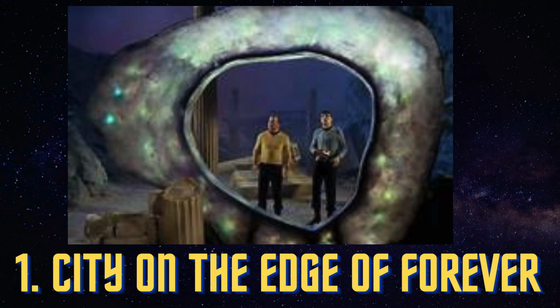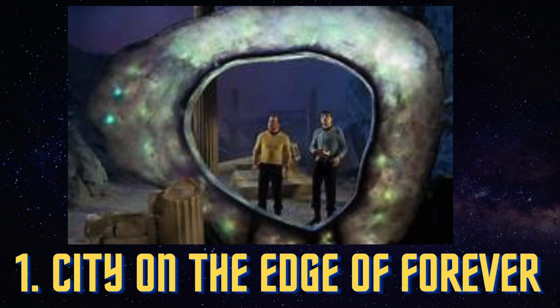But what makes this number one is the same thing that made this the number one romance and relationship in Star Trek last month, which is that extraordinarily emotional ending where Kirk has to make the impossible choice to allow Edith Keeler to die in order to save the timeline. It gets me every time.